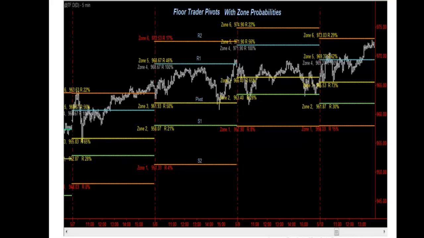And in order to put it in the proper perspective, we arbitrarily use these floor trader pivot numbers to give us a comparison. And when you look at this chart, you can see that every day those numbers changed, and they changed as a function of whatever happened during that day, which is then going to affect the next day.